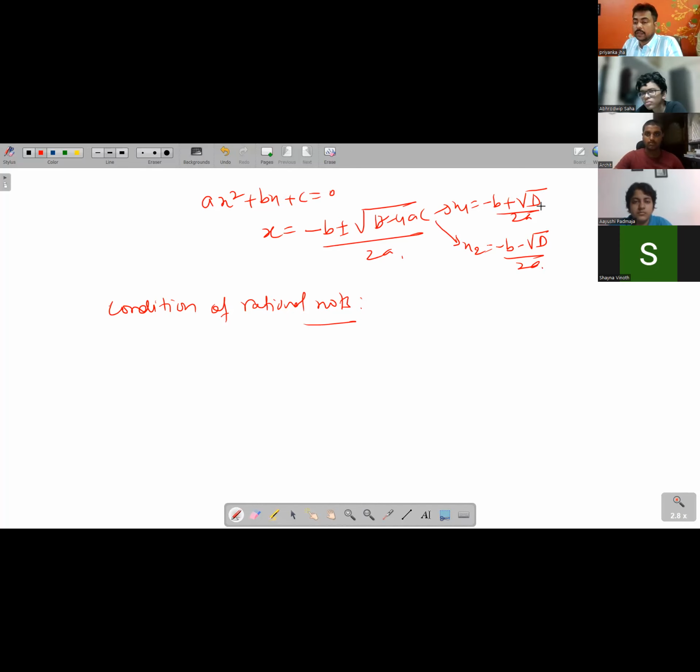When this d is a perfect square, because if d is not a perfect square, we will have a square root term, and that will become irrational. For that we need a, b, c, the coefficients of this quadratic equation, to be rational. Q means rational, and d has to be a perfect square, like 4 square, 5 square, 6 square. Then only can we have rational roots. Otherwise, we'll have irrational roots.